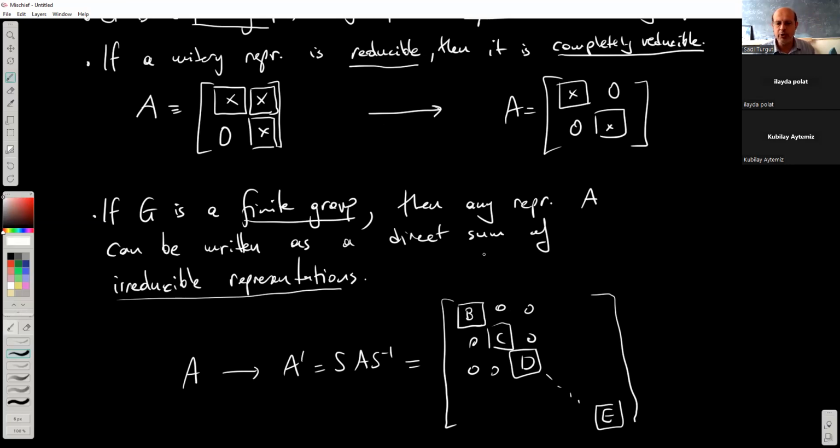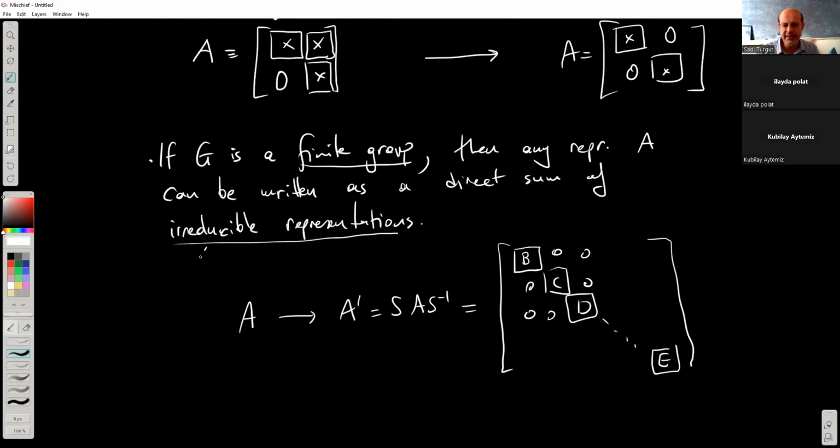So it's basically a decomposition of a representation in terms of irreducible representations. So from now on, this is a term that we are going to use a lot, so I'm going to call them irrep, as a shortened form, all right? Because writing irreducible representations takes a lot of time. That's the reason why.